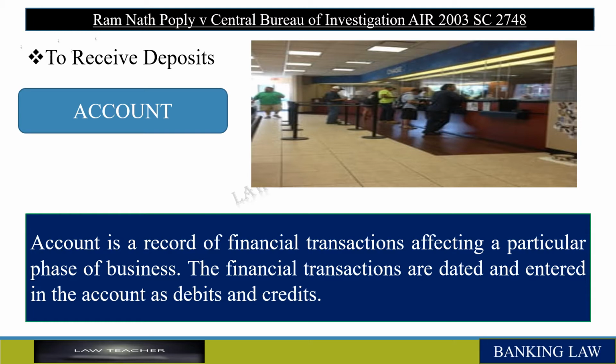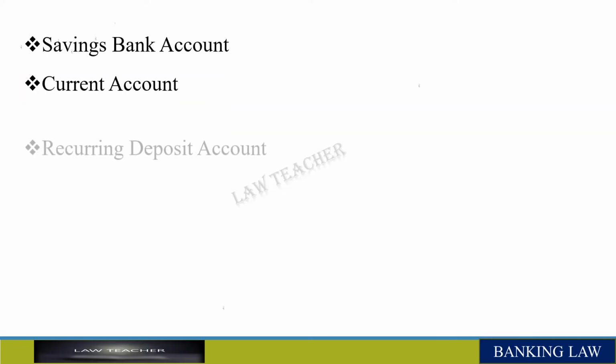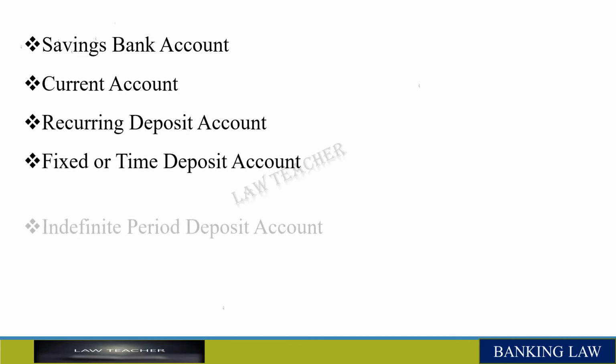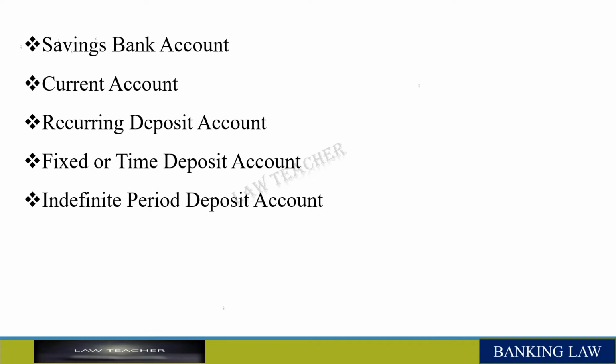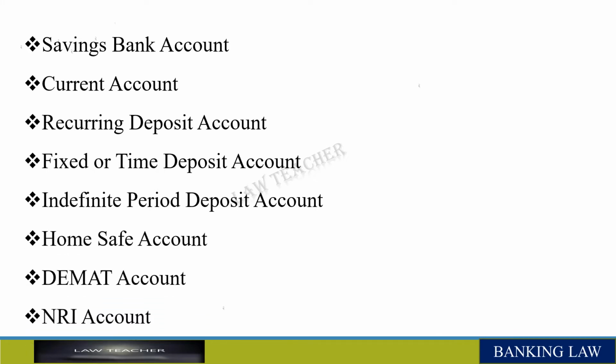And now we are going to discuss the different types of bank accounts. The bank accounts are of types: savings bank account, current account, recurring deposit account, fixed or time deposit account, indefinite period deposit account, home safe account, DMAT account, NRI account.